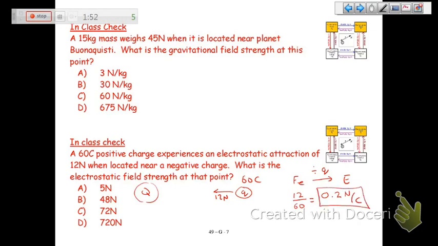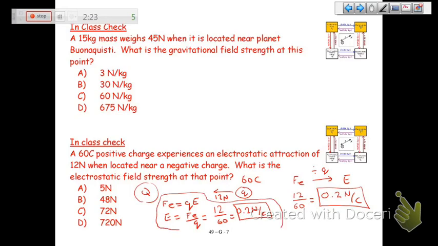In equation form, Fe is equal to Q times E. So E is equal to Fe over Q, which equals 12 over 60, which equals 0.2 newtons per coulomb. And I must confess I prefer recalling the equation. The little box helps me if I'm stuck, but I still want to use my equations.